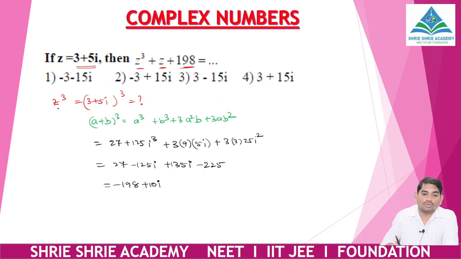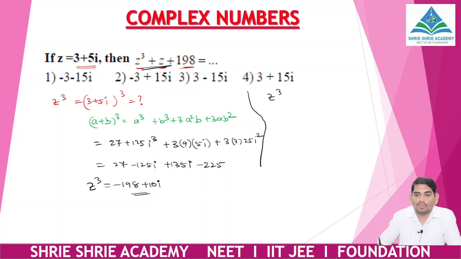So what is the value of z power 3? Z power 3 is equal to minus 198 plus 10i. So I am substituting this entire value here. We need to find the value of z cube plus z plus 198.